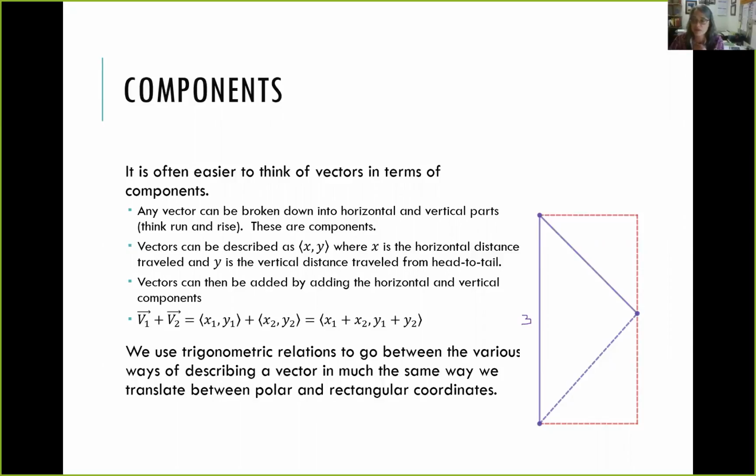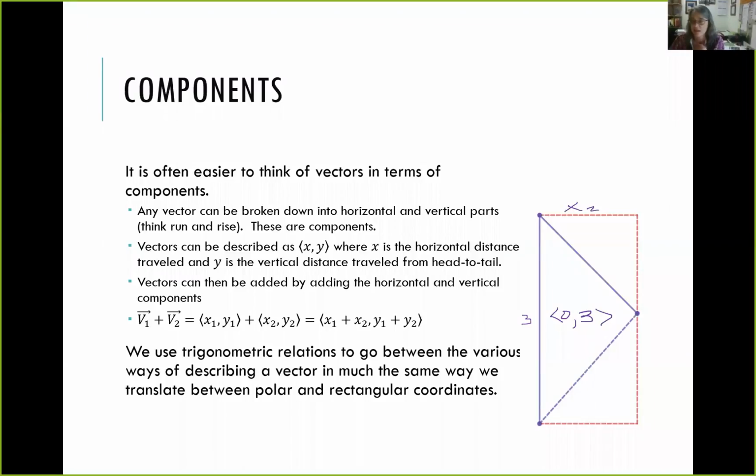So the other way we can describe this vector is as x, where x is the horizontal displacement. That would be this guy. That'd be, well, x2, right? And then the vertical displacement, which is 3.